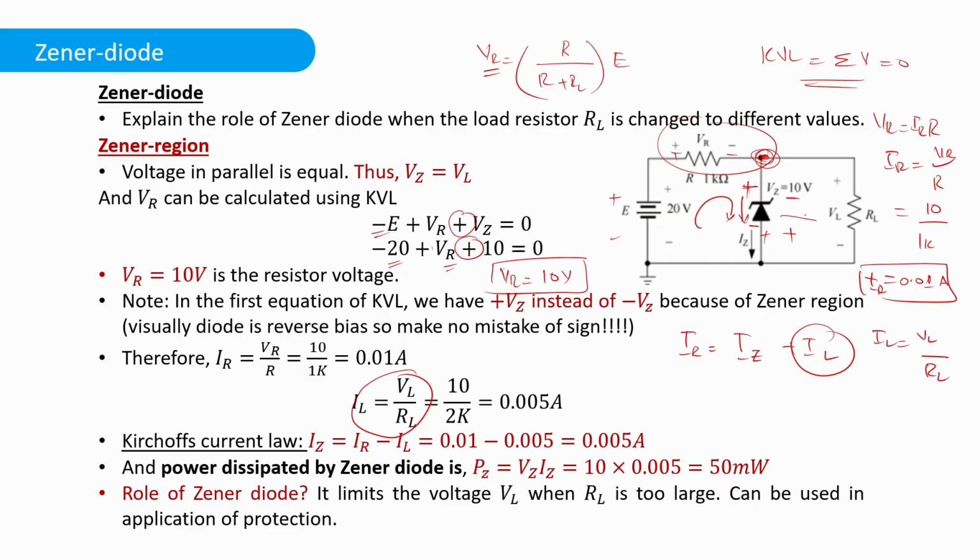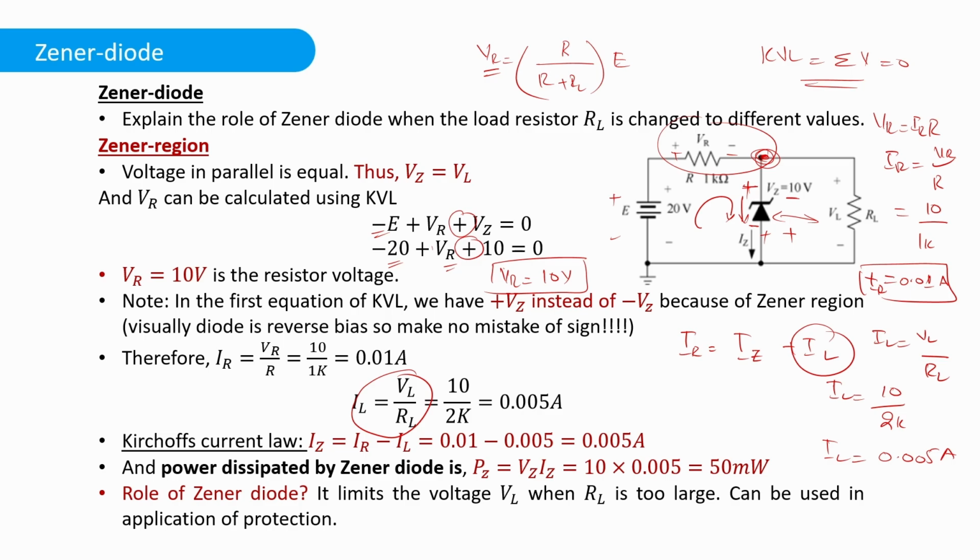Since these two components are in parallel with each other, the voltage will be the same. So IL is equal to 10 divided by RL. Let's assume RL is 2 kilo ohm. Then we get IL equal to 0.005 ampere. Because this is kilo, when it moves upwards, we will have milliampere. So this will become 5 milliampere.